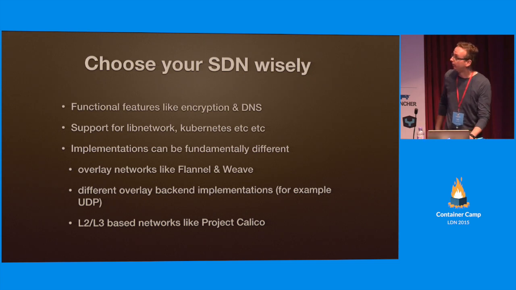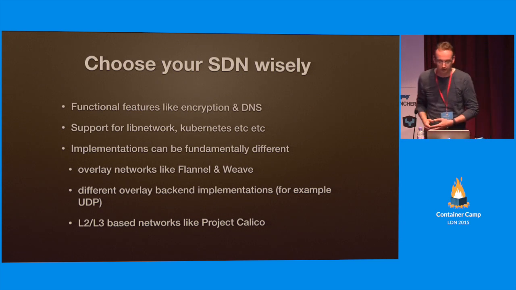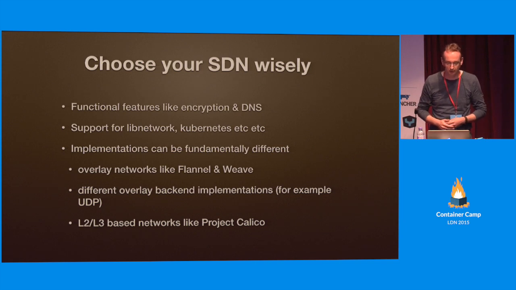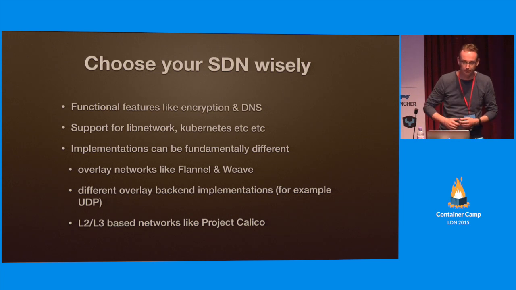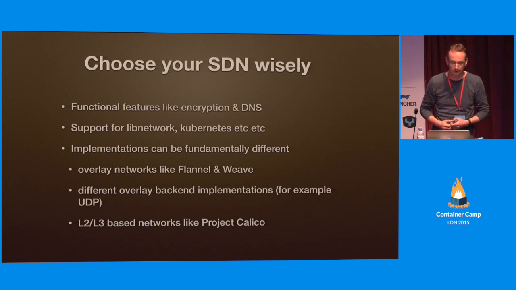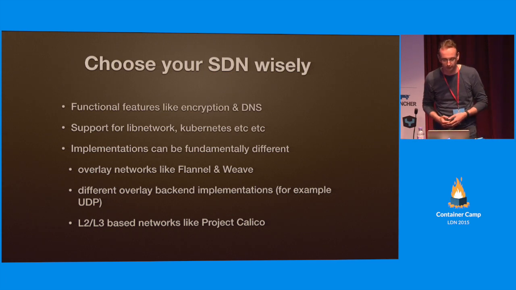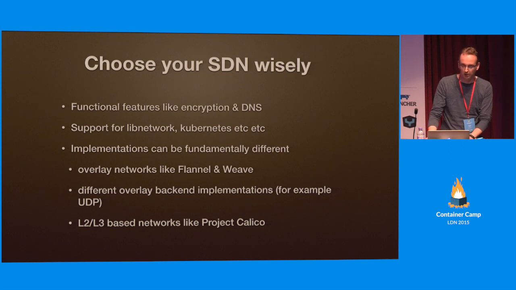So apart from the functionality, it's good to know that the implementations of the various SDNs can differ quite a lot. Flannel and Weave are both overlay networks on top of the network you're already running in your cloud. But they use different backends. For example, Flannel uses UDP.